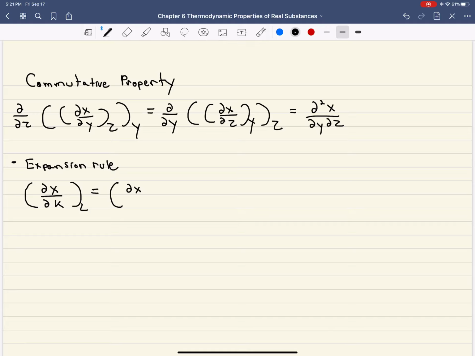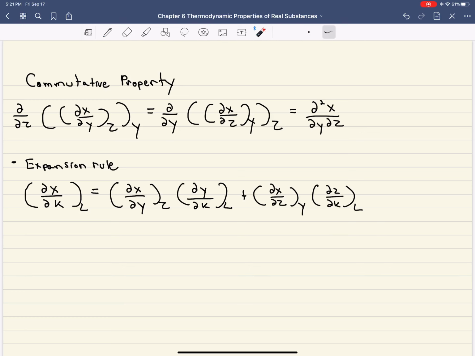So dx dk at constant L is equal to dx dy at constant z, dy dk constant L, plus dx dz constant y, dz dk constant L. And the idea here is essentially we're just expanding it out so that, multiplying it by 1 essentially.